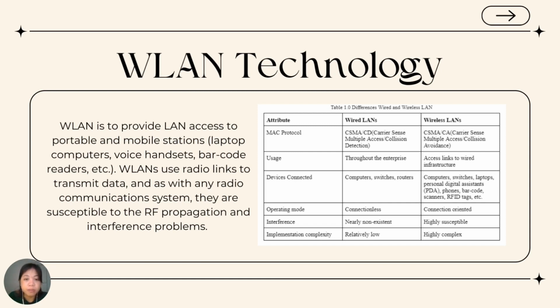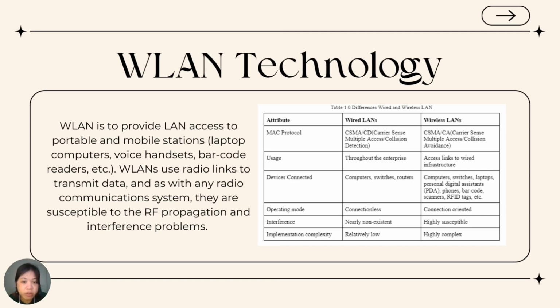Wired LANs are used throughout the enterprise, while wireless LANs access links to wired infrastructure. Devices that can be connected to wired LANs are computers, switches, and routers, while wireless LANs connect computers, switches, laptops, personal digital assistants, phones, barcode scanners, and RFID tags.